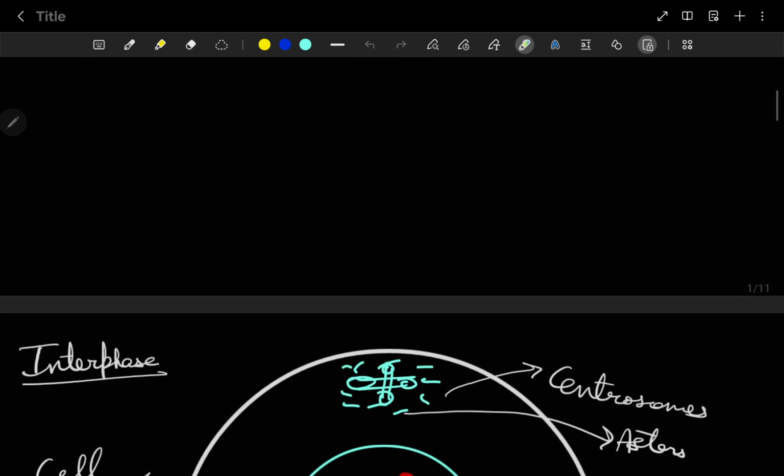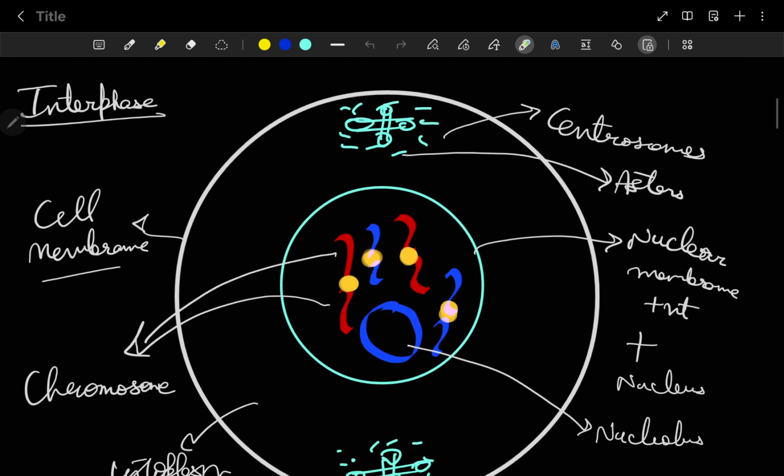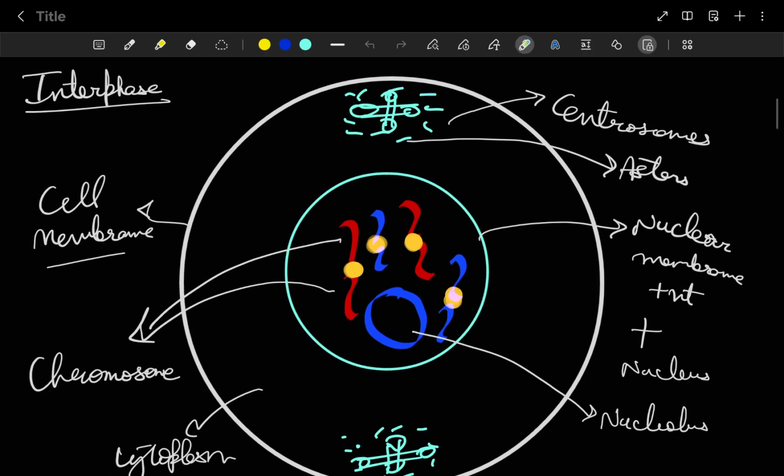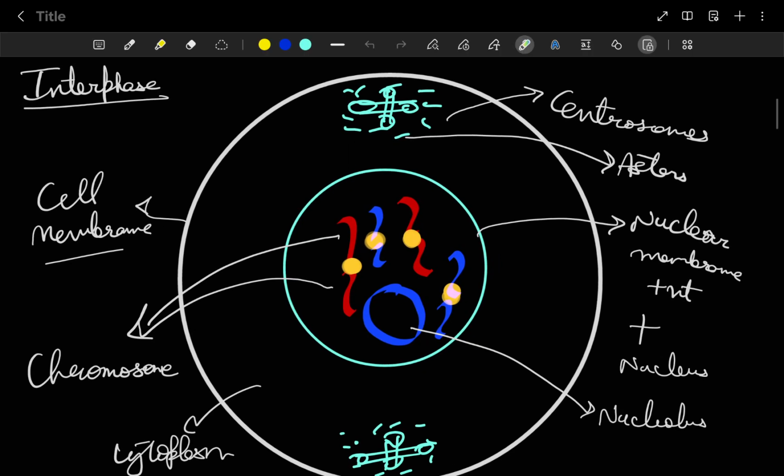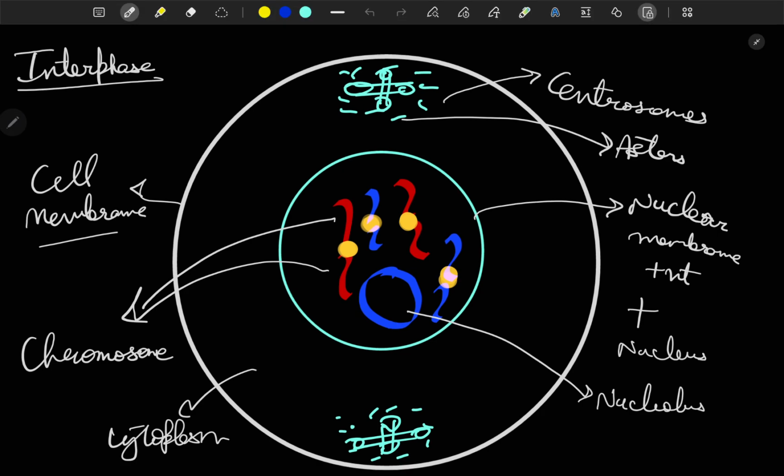Now let's study this. First of all, let us talk about some interphase, what previously happened. You see this is a cell. At the time of interphase, centrosomes are present with two centriole pairs, these ones, and a ring array of microtubules forms around them, which is called asters.